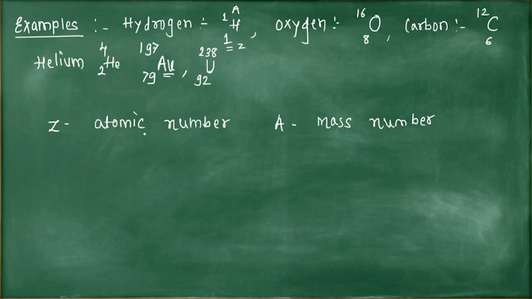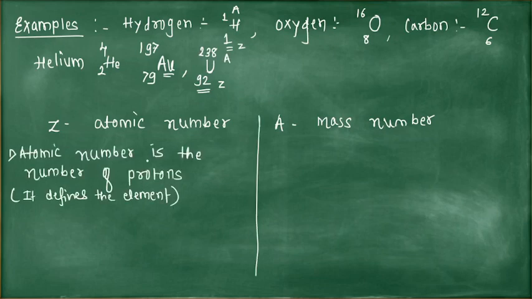Now we will study some points regarding the atomic number as well as the mass number. In the above examples, if you consider uranium, 92 is Z, the atomic number, and 238 is the mass number. So what is meant by atomic number? The atomic number is the number of protons and it defines the element.